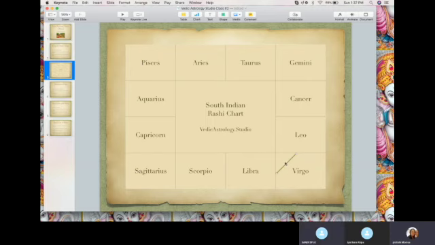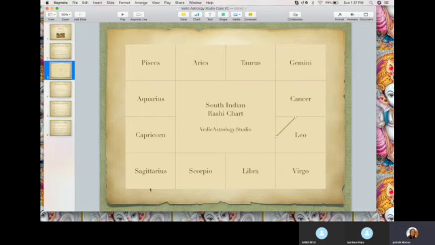Now, in the South Indian chart, the houses will change positions, but the signs are fixed. So Aries will always be right here, and Taurus will always be right here, etc. The signs will never change. They will stay fixed. So you will always know that this corner is Sagittarius and this corner is Gemini.